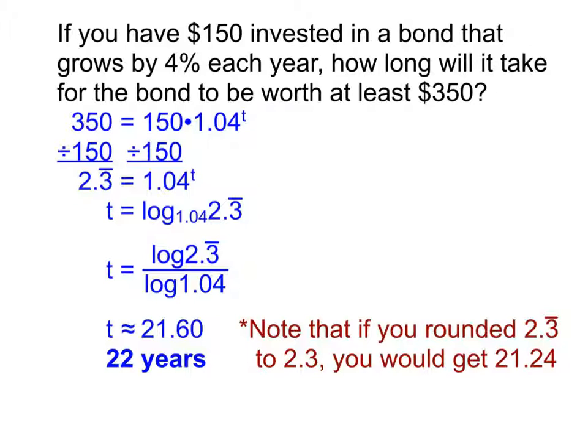But when we talk about how many years is that, what's the closest number of years that would be? Well, that would change things, because that looks a lot more like 21 to me than it does 22. And so you'd end up actually off by a full year with that little bit of rounding error in the calculator. So it's really something to look out for and really get to know how to do those exact calculations.